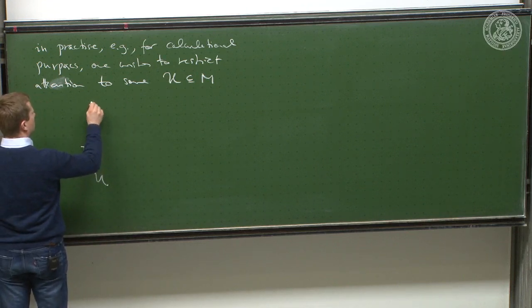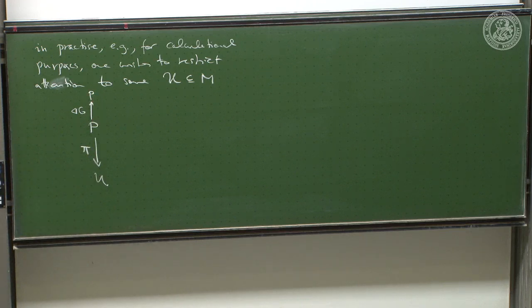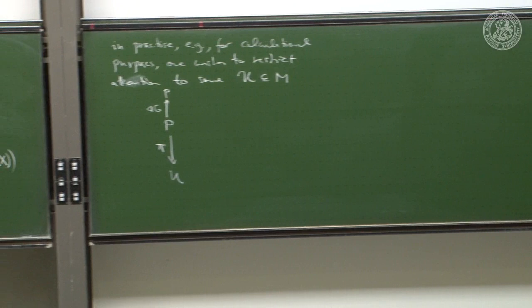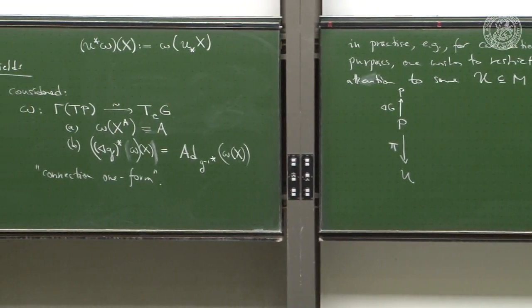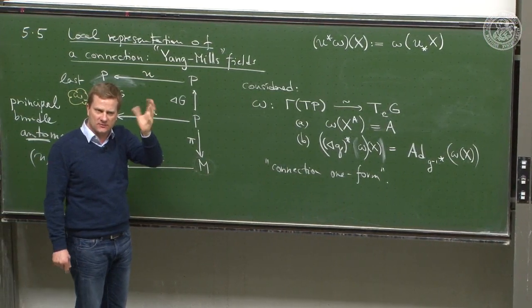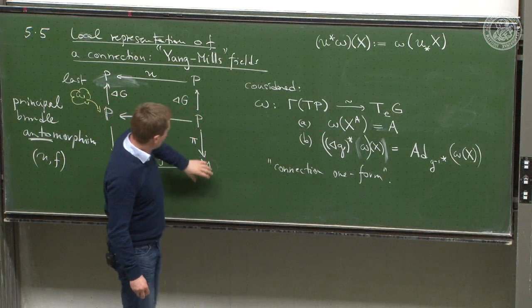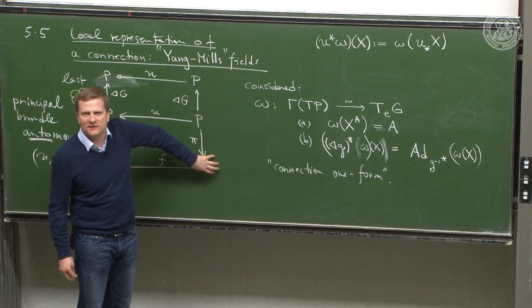I don't need to write this down. It's clear what I mean. And we wish to study the bundle only over such a subset of the base manifold. Now, if you think, for instance, of this base manifold in physics as space-time or the physical space you're interested in, and this is just the principal bundle of the transformations that you consider, this is not only for calculational purposes, but physics always takes place locally, right?